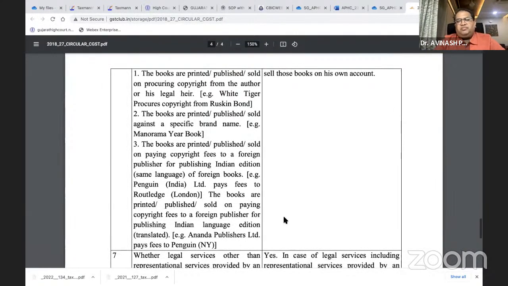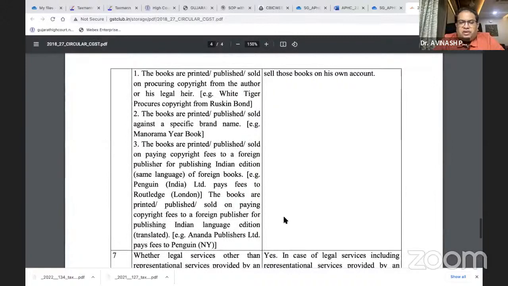The books are printed, published, sold on paying copyright fees to a foreign publisher for publishing an Indian edition, in the same language of foreign books. Example, Penguin India Limited pays fees to Routledge, London.